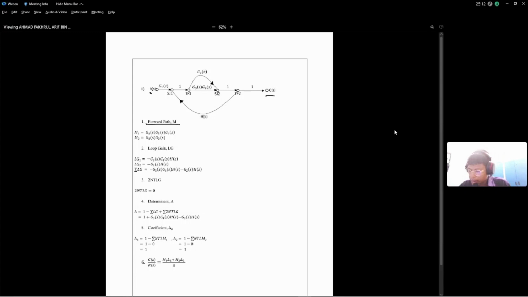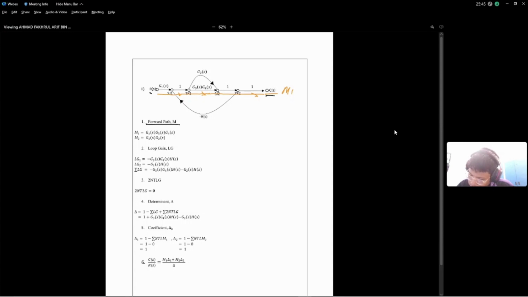So how do I get M1? First, M1 is G1, G3 and G4. I use this color. So this is G1, G3, G4, and then times by 1, 1, 1. This is the first forward path, M1. The second one is M2, G1 and G2.